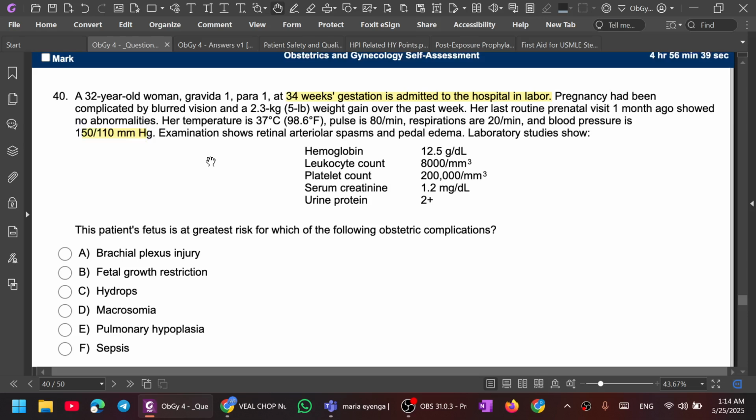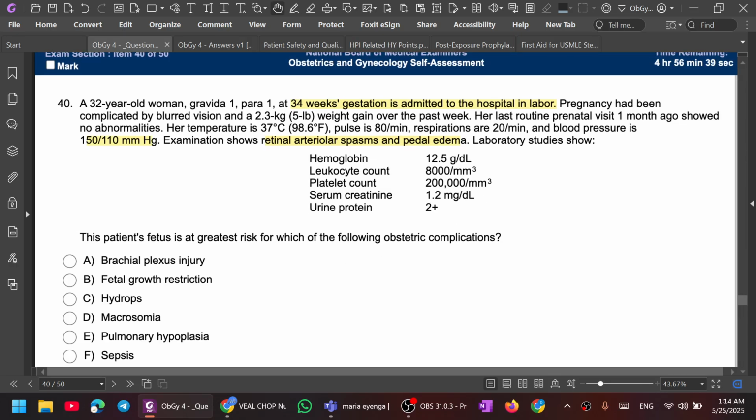Examination shows retinal arteriolar spasm and pedal edema. Labs show hemoglobin 12.5, leukocyte 8,000, platelet count 2 lakh, serum creatinine 1.2, urine protein 2 plus. The patient's fetus is at greatest risk of which of the following obstetric complications?